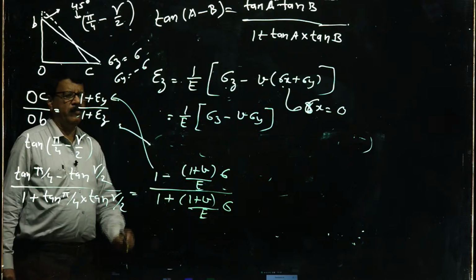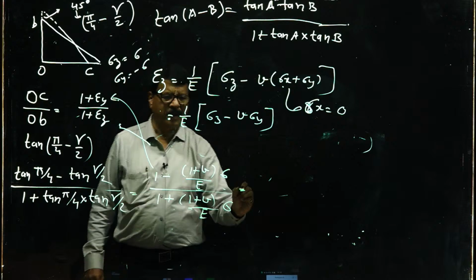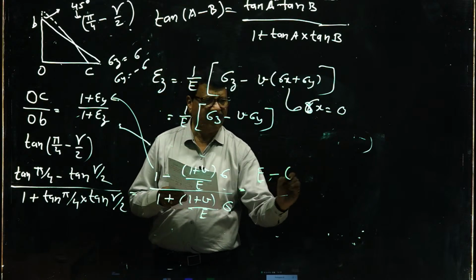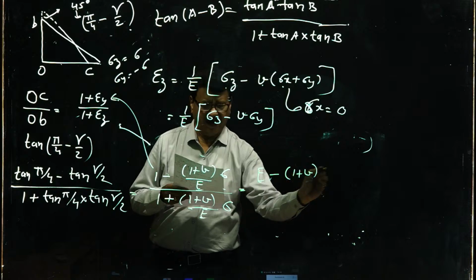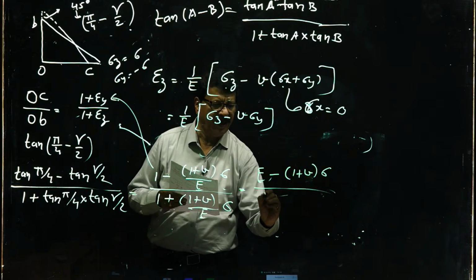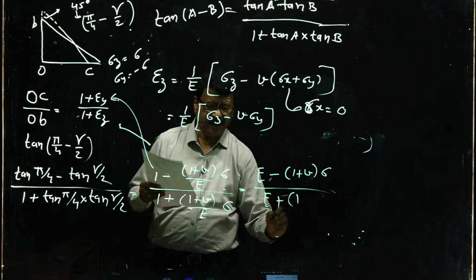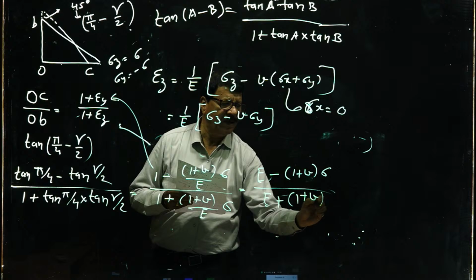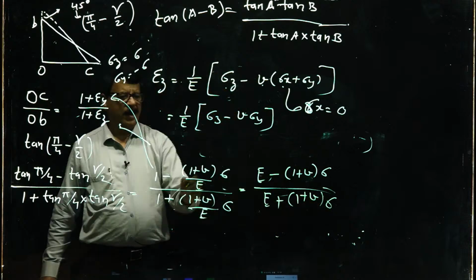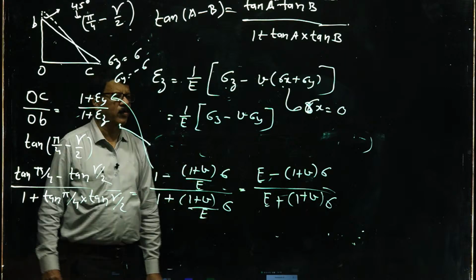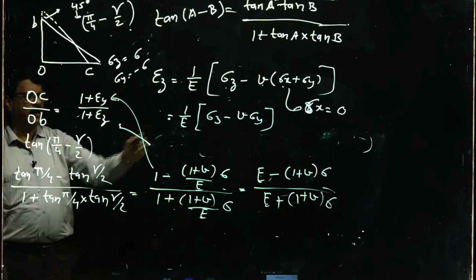If you take the LCM, this becomes E minus (1 plus v) sigma, divided by E plus (1 plus v) sigma. Means E is cancelled in the denominator and the numerator, so you will get these things.